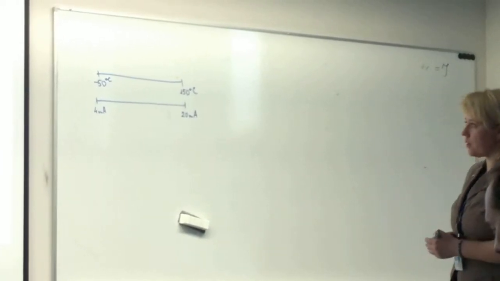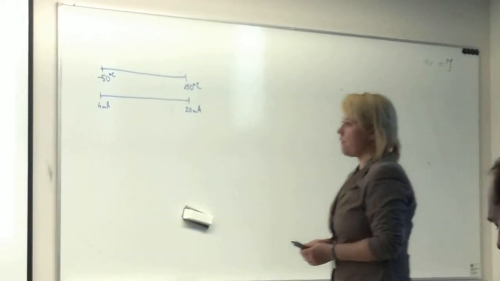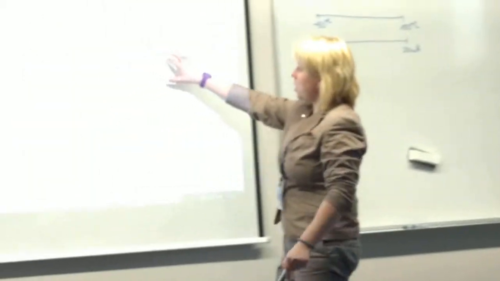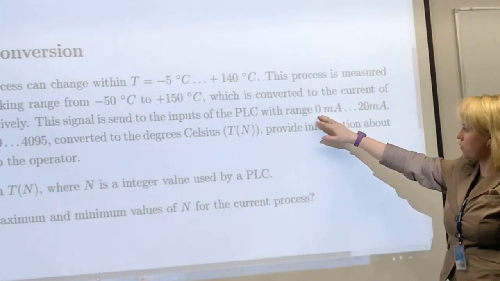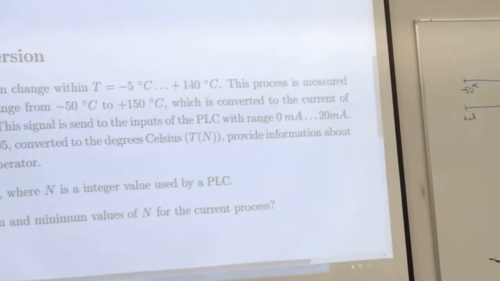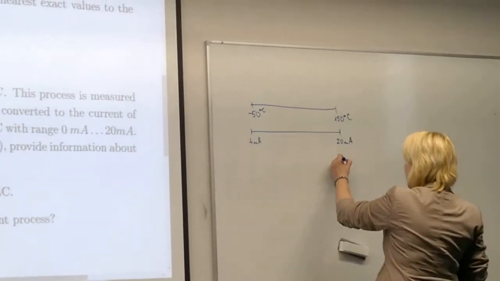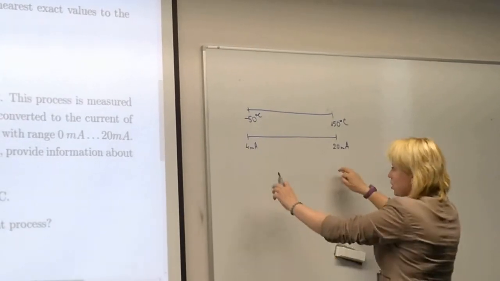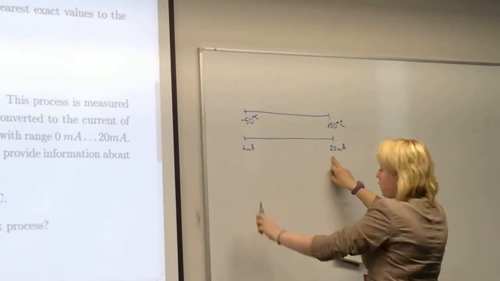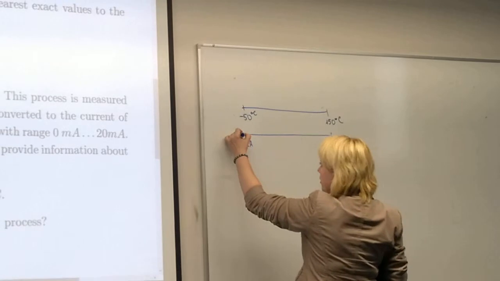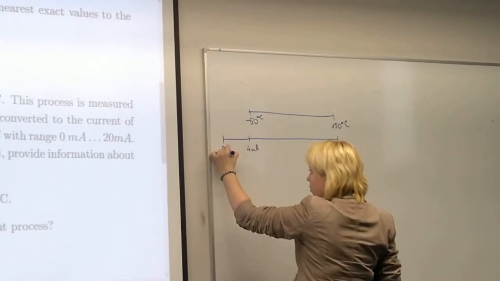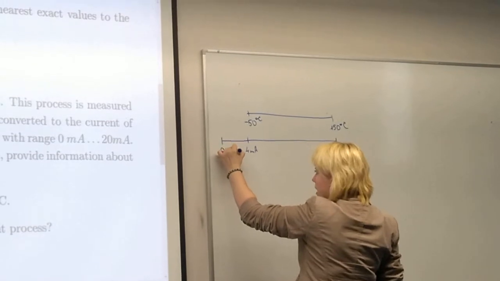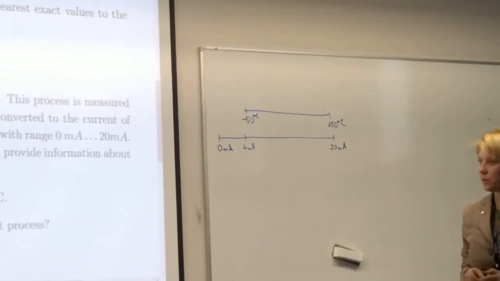For example, in this case the input of our PLC can be changed from 0 to 20 milliamperes. So we will send a signal from 4 to 20 milliamperes, but the actual range of our PLC input is from 0 to 20 milliamperes.